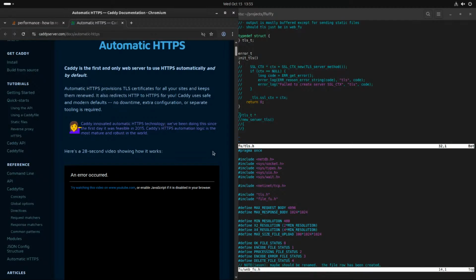Although this does the redirect HTTP to HTTPS, which I don't think you should do. You should just abandon that. That's just some sort of old crap that's making that request that should be ignored these days.